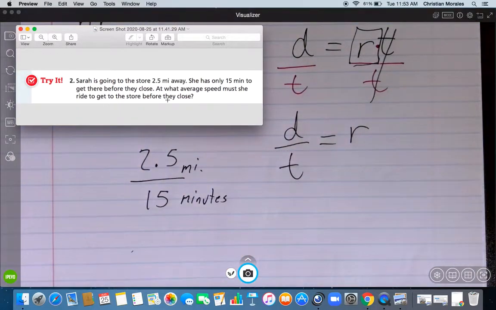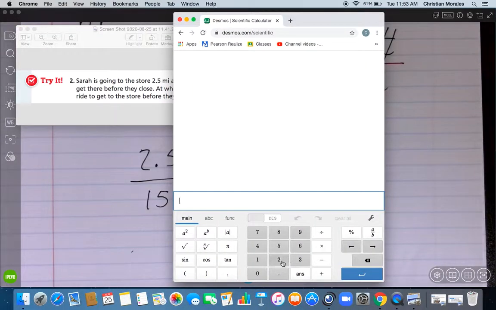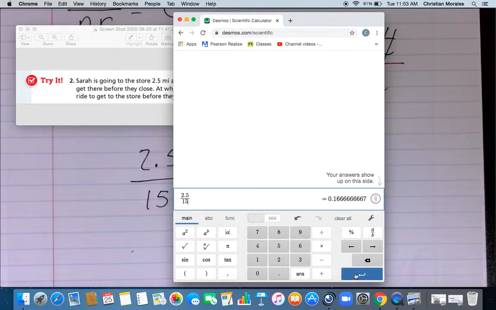Then I divide this, so I'll take out my calculator. Give me a second. 2.5 divided by 15. Ooh, 0.1. I'm going to round that to 0.17, or as a fraction, 1 over 6.